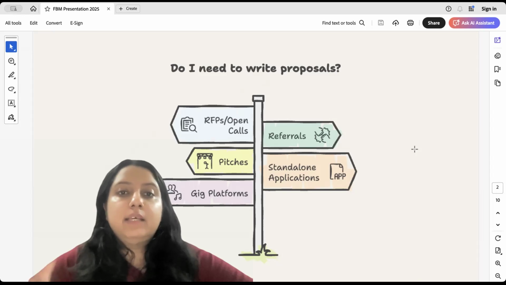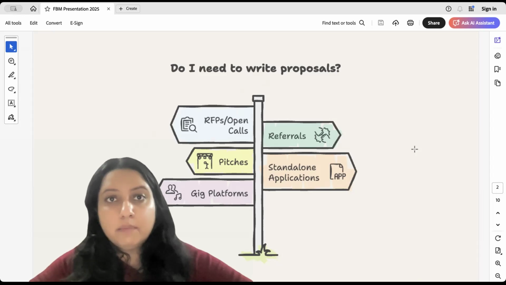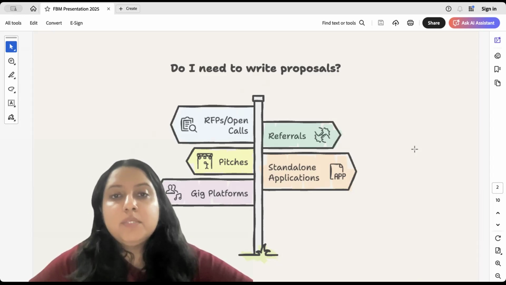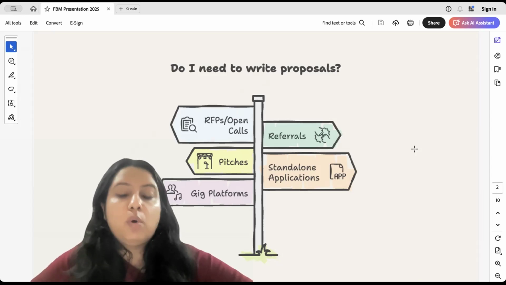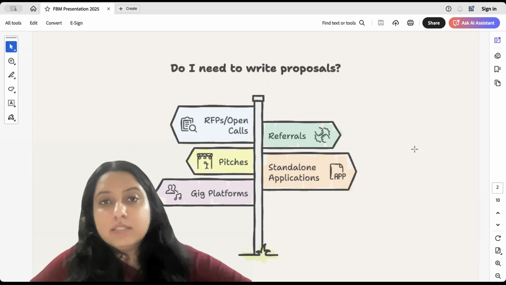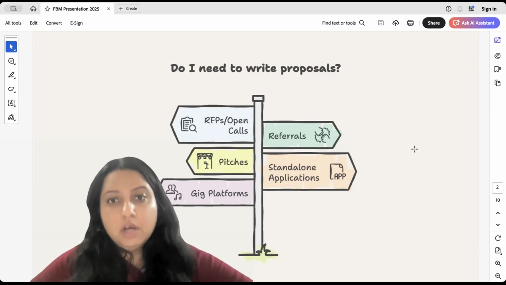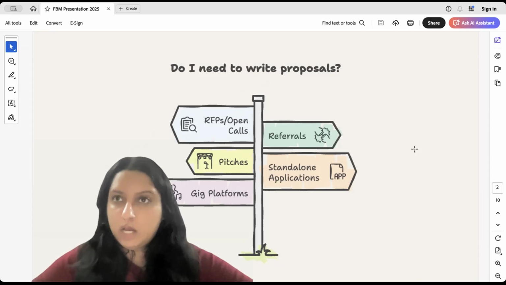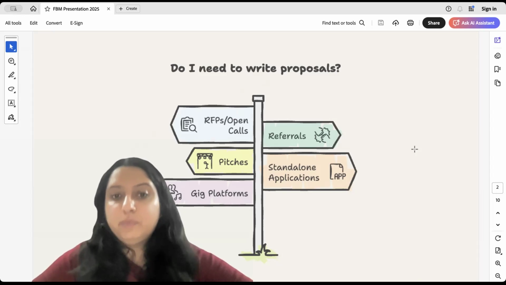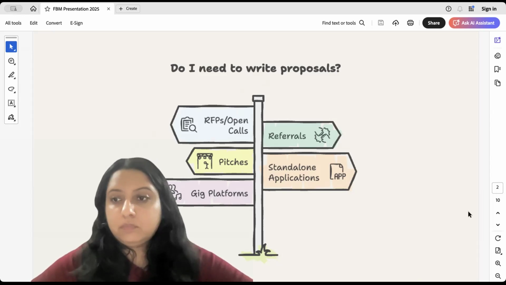So instead of saying that they are looking for a content writer or a graphic designer to help them out with some assignments, a request for proposal will have a proper scope of work, a proper bullet list of all the different tasks they will work with you on. And you will be asked to send a quotation. You'll be asked to send your timelines, your process. You'll be basically asked to give them an insight into what it would be like to work with you if they ended up choosing you.